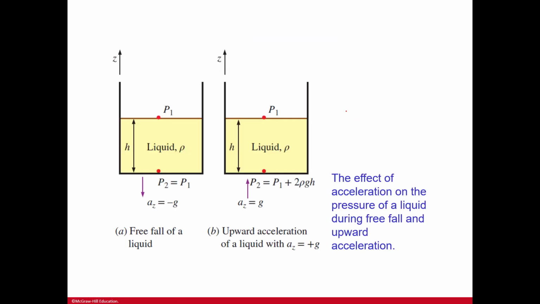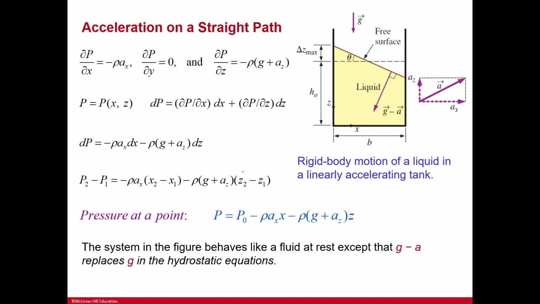The effect of acceleration on the pressure of a liquid during a free fall and upward acceleration. This is just showing negative G, right, going down, and then positive G going up. Okay, and then acceleration on a straight path.